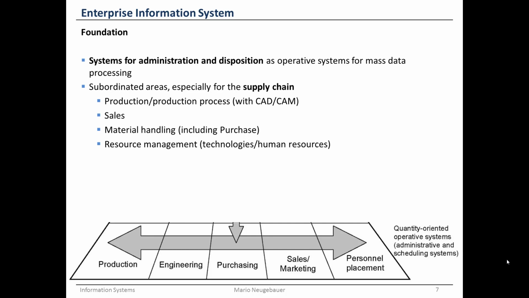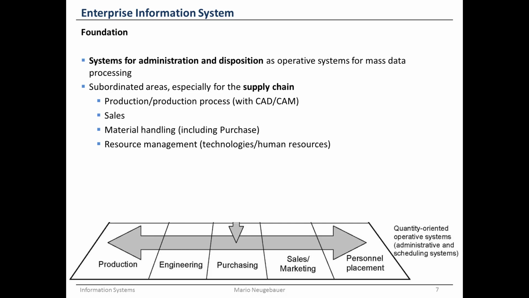Here in the first level, you see one basic foundation of an enterprise information system. Everything which is value creating is situated on this level. So if you produce something, if you work in production, like here in this module, then you produce a certain amount of products, you create values.